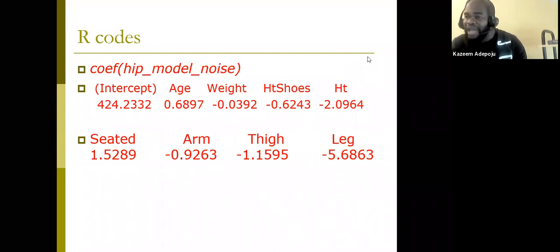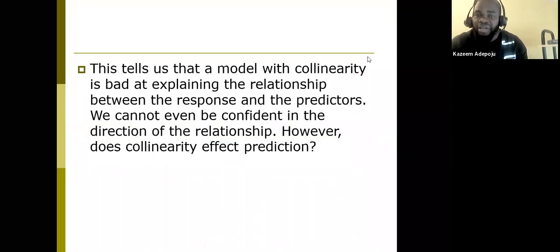And if we add noise into a model, we don't expect a drastic change in the parameters. But do you know the reason why there's a drastic change here? Because of the problem of multicollinearity. That was why I said this tells us that a model with collinearity is bad at explaining the relationship between the response and the predictors.